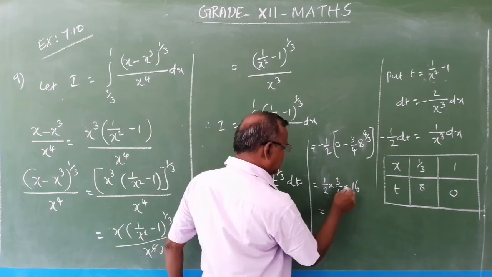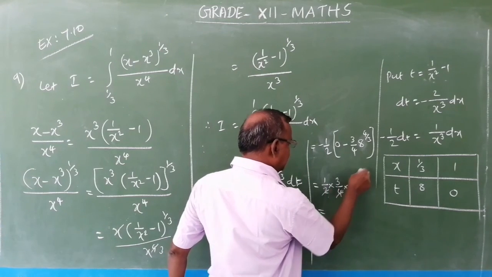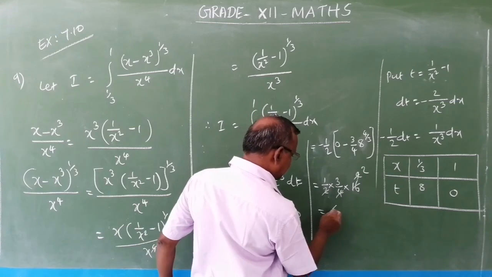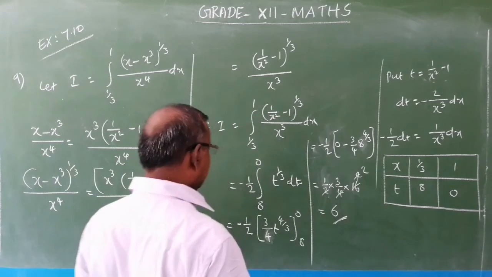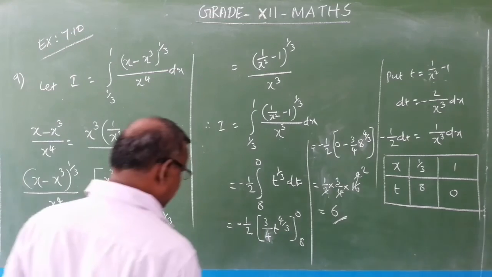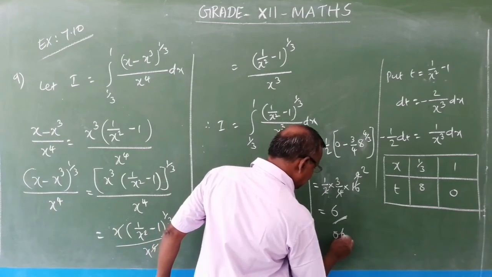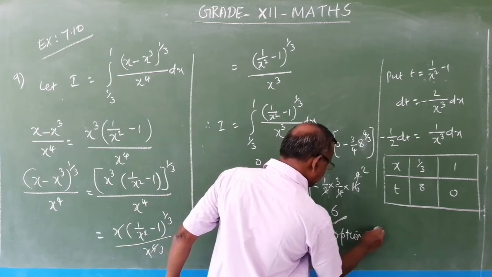So this is 4 times, this is 2 times, 3 2s are 6. So the answer is 6. I think the option is A. Option A is the correct answer.